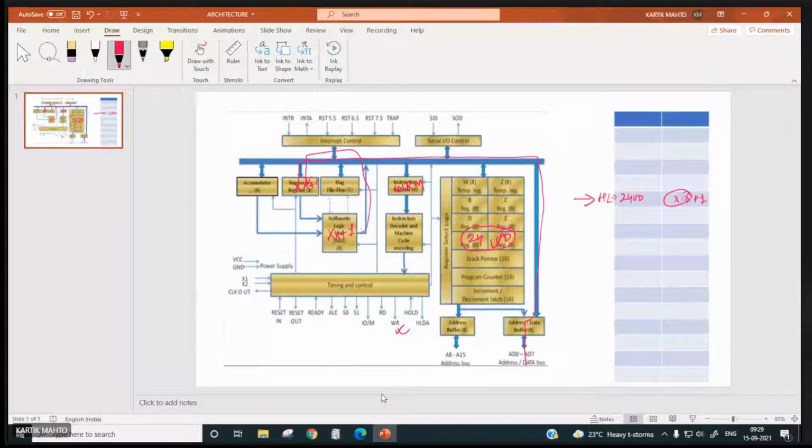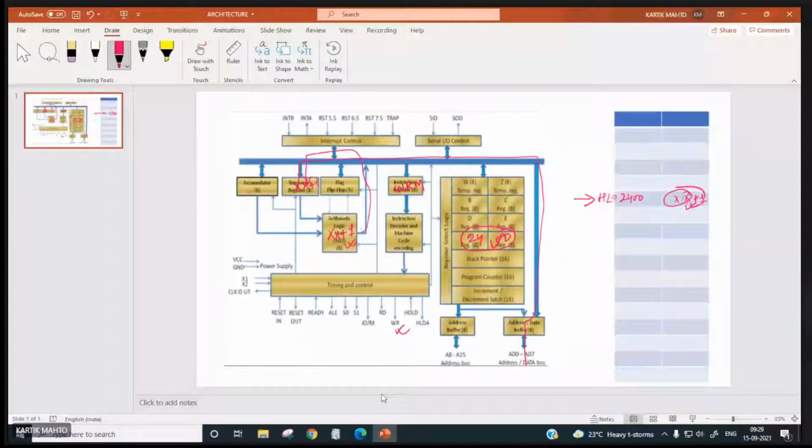So in this, first the processor reads the opcode, then it reads data from memory, increments that data, and stores the incremented data back onto the memory location.